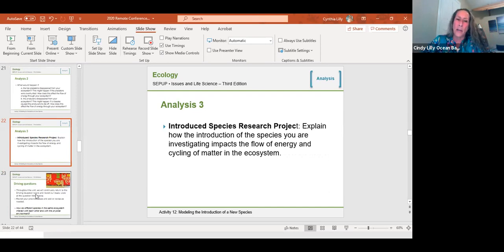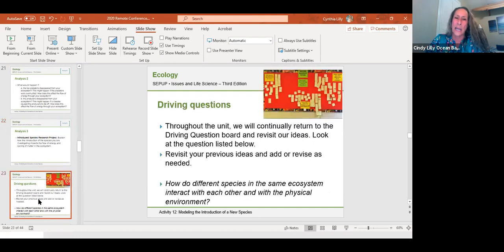Now, a couple of you mentioned that we're really concerned about kids and sense making. How many of you use a driving question board? I'm finding that this is becoming huge with my kids, making sense of what's going on in a unit, where they're actually coming up with the questions that they feel like are driving their learning. And when their questions get answered, it's so funny.